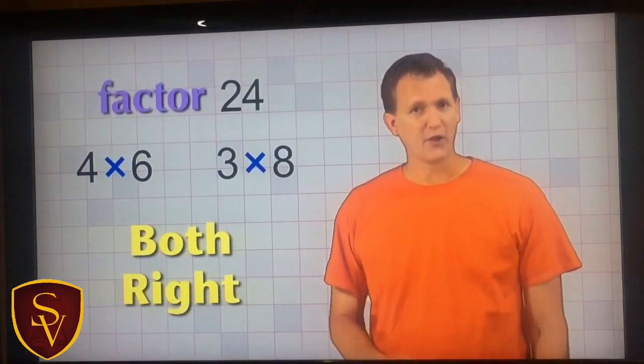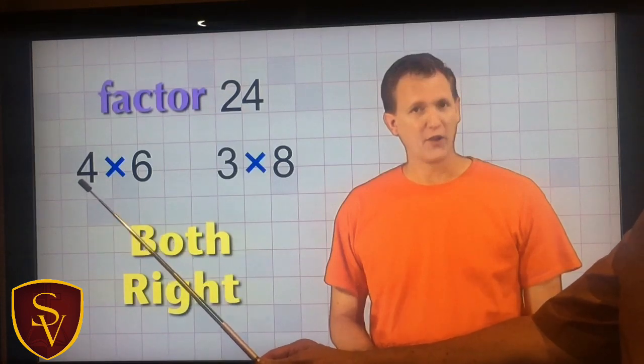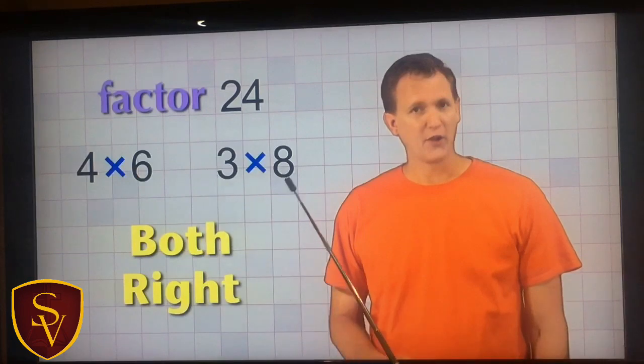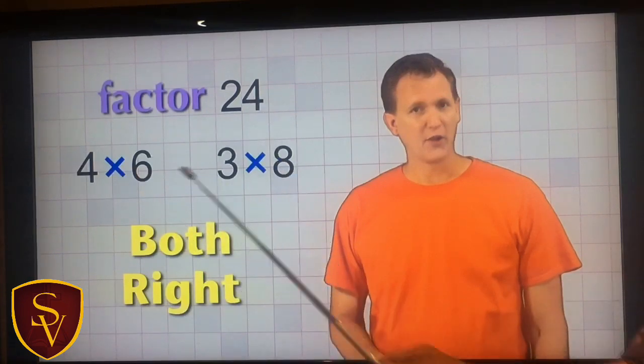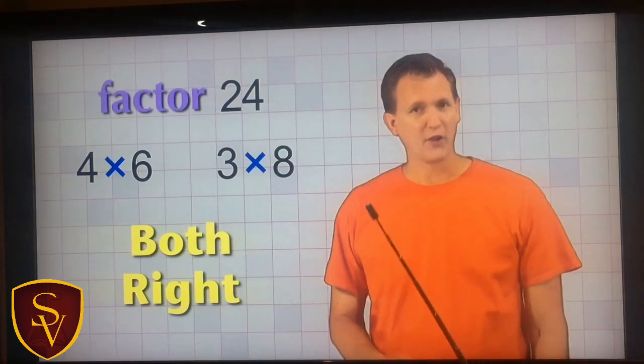As we can say, 24 could be given in these two ways, 4 times 6 or 3 times 8. Both are right because the answer is going to be 24. That means that we have to find all the factors that we need to get a number. So as long as we find these factors, we're going to do the factoring.